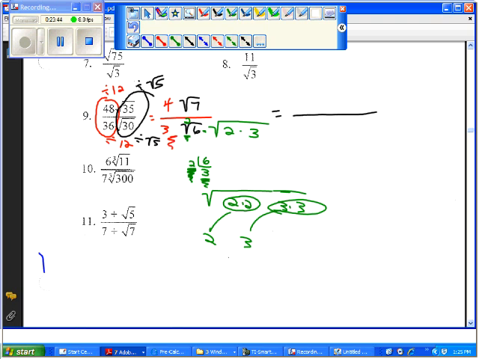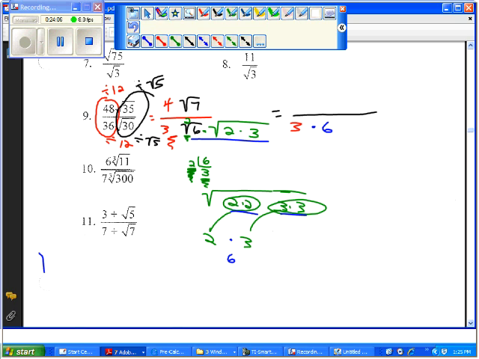So I already had the 3 out there, so it's got to go back out. But what I've done is I've created from those things a pair of 2's and a pair of 3's. So I pop out a 2 and pop out a 3, which means together I pop out a 2 times 3 or a 6. Okay?